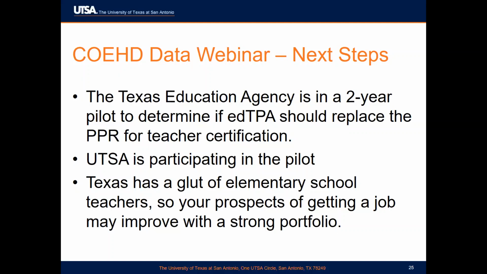So edTPA is a more authentic, if you will, assessment of how your actual teaching performance goes and how well you're doing it. And TEA is experimenting with that as a replacement for the multiple choice test. UTSA is participating in this pilot. The advantage for you is there at the bottom.